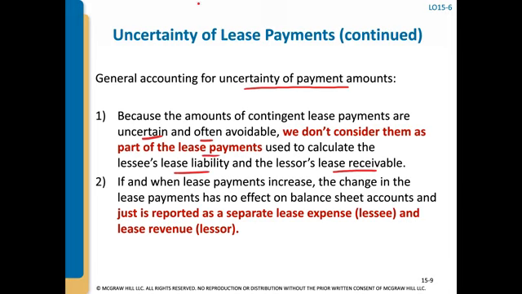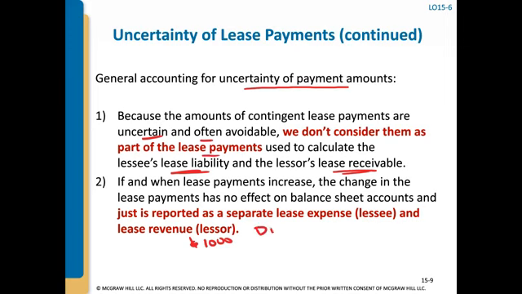Now, you fast forward to the future, and we do have an additional lease payment because we did hit that revenue marker in the previous example, and now we have to pay $1,000 more than our lease payment on our lease agreement. Well, we're not going to go back and reassess or change our lease liability or lease receivable balance sheet accounts.